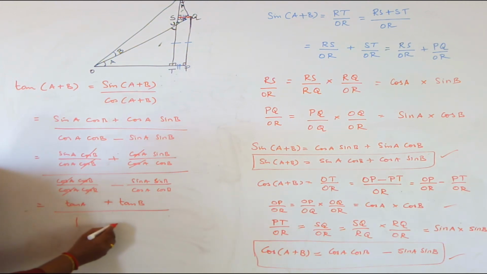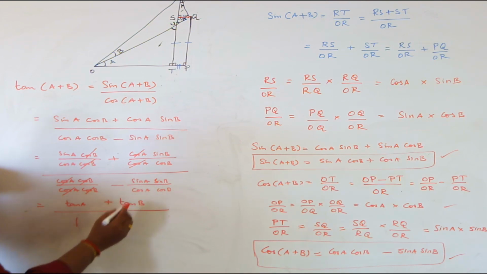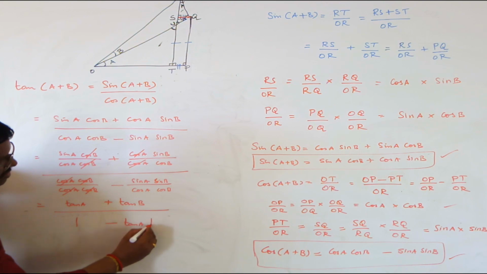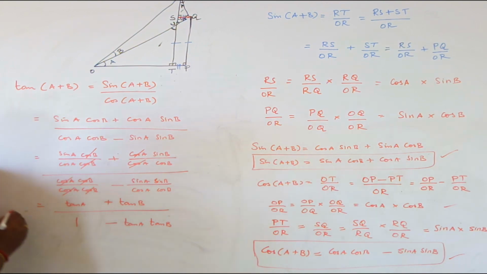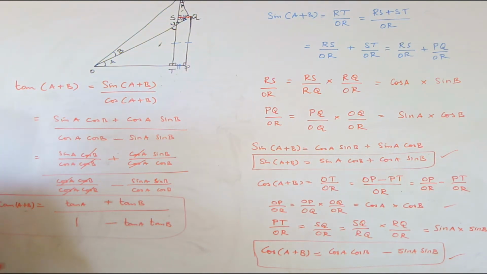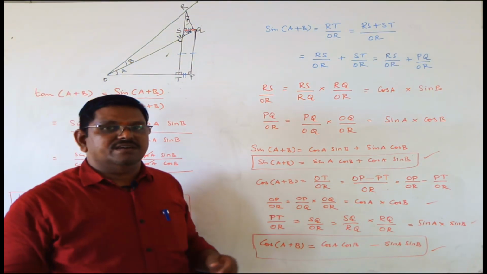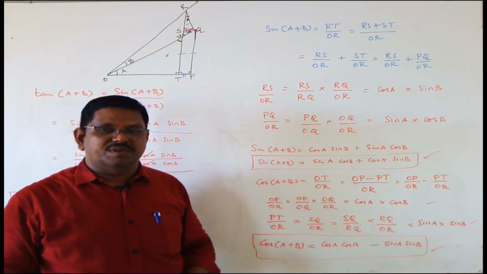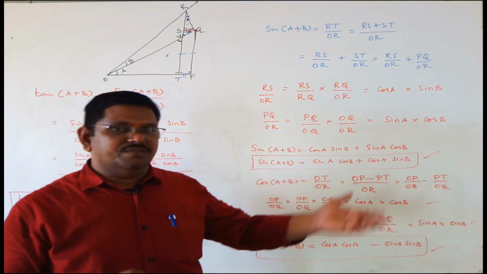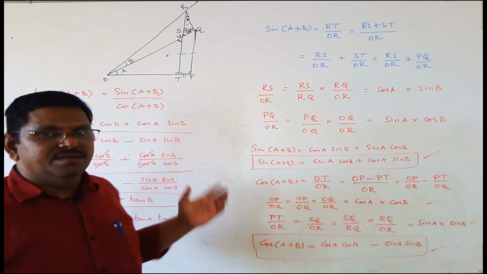So we will get 1 minus sin A by cos A, that is tan A, sin B by cos B, that is tan B. So we get the formula tan of A plus B is equal to tan A plus tan B divided by 1 minus tan A tan B. Similarly, you can find the remaining values of secant of A plus B, cosecant of A plus B, cot of A plus B. Because secant of A plus B is nothing but 1 by cos of A plus B, you can find it in the same way.